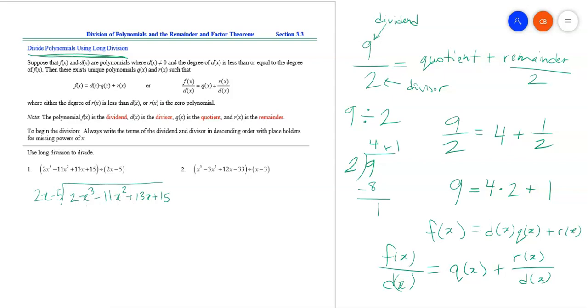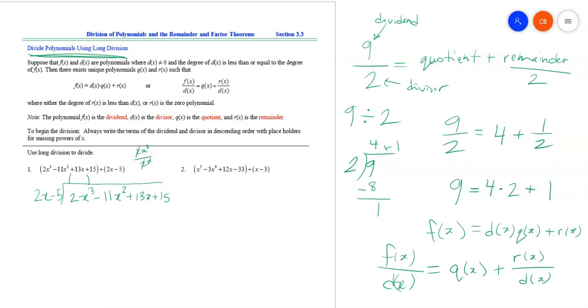And actually what we're looking at, the only thing that we have to consider are these leading terms. The fact that this one goes 2x and the fact that this one goes 2x cubed. And so the number that will go here is what we get when we divide 2x cubed by 2x. If you think about it, the 2's will cancel.